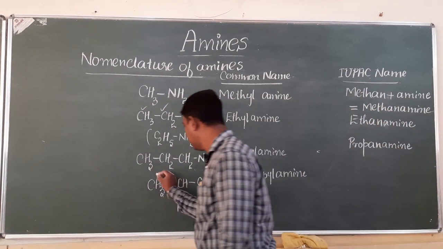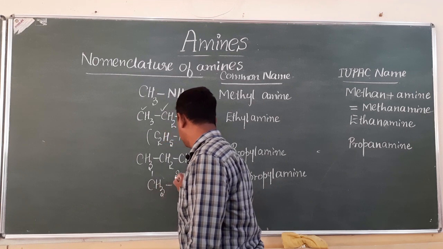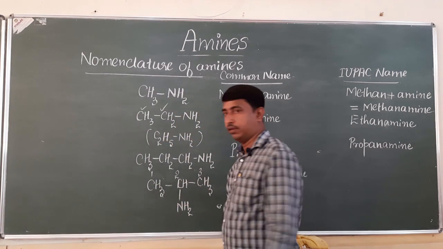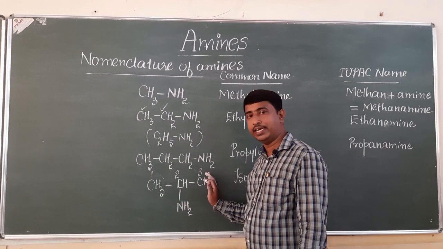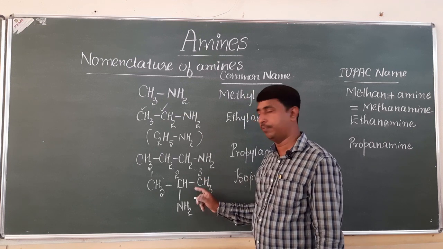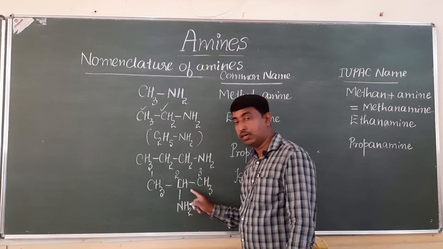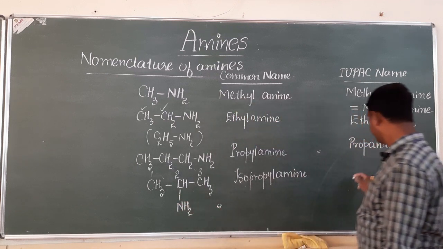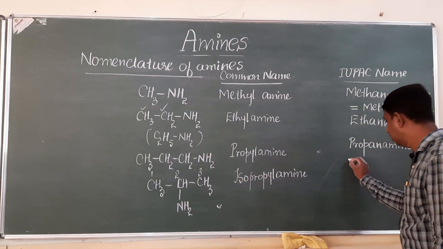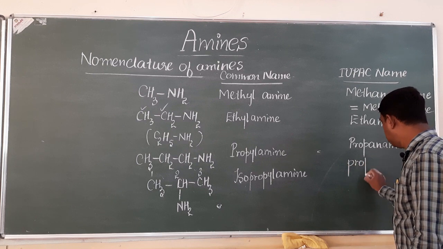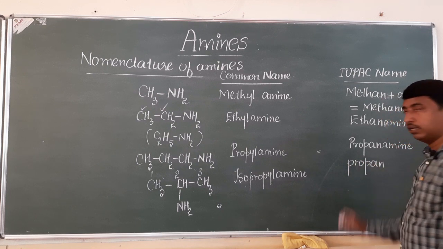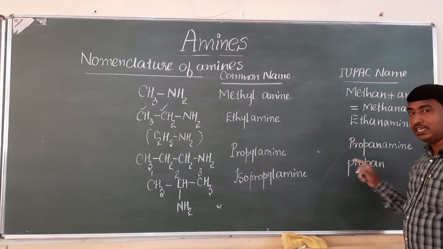Now what is the IUPAC name? This is carbon number 1, second one, third one. Or I can number it from the right hand side also, it is one and the same. On the second carbon you can see the functional group. First we write the alkane, that is propane, and replace the E by amine.